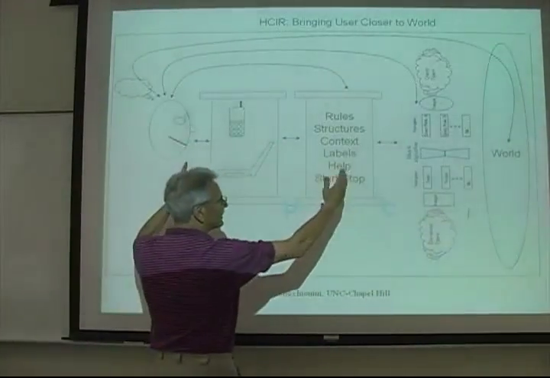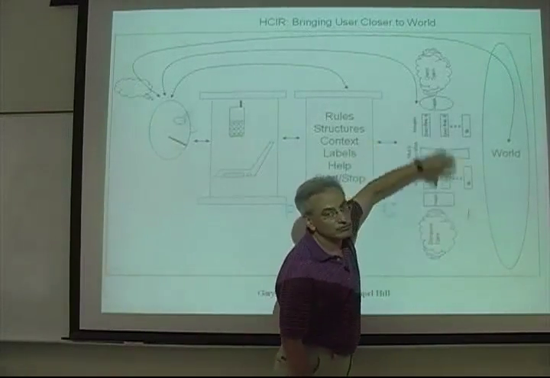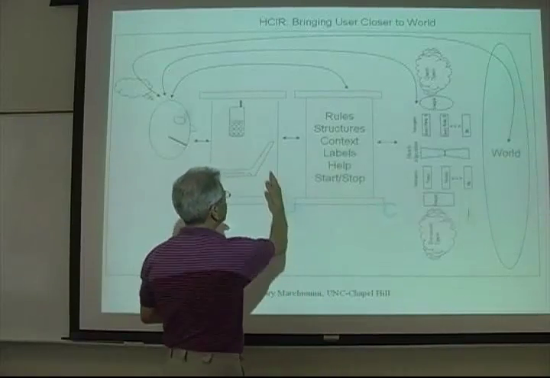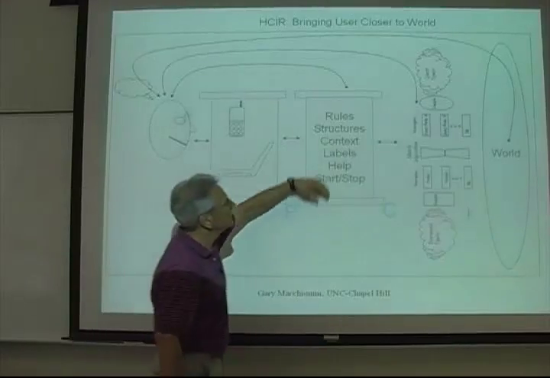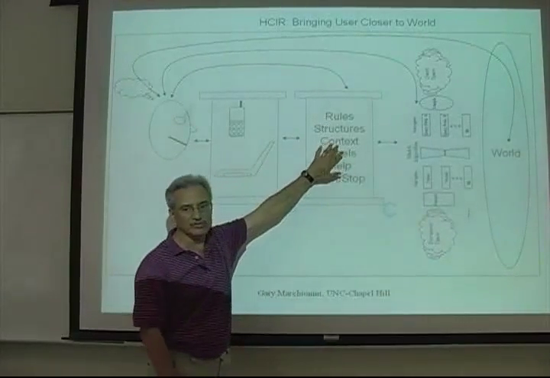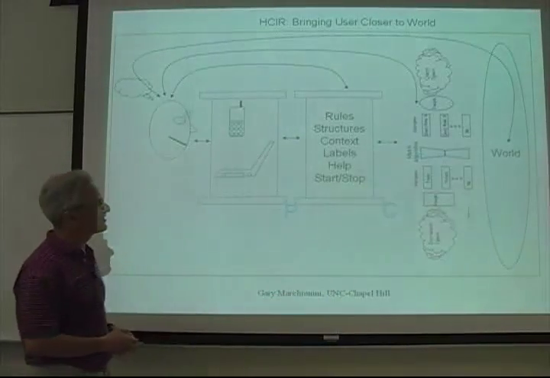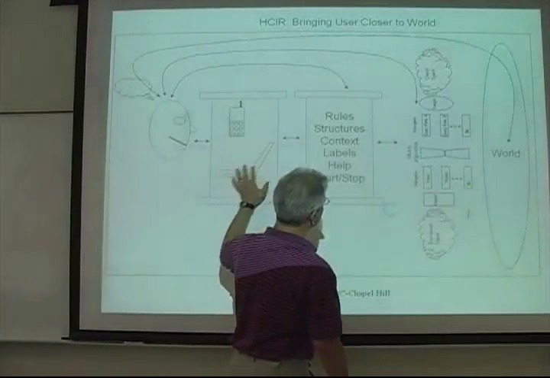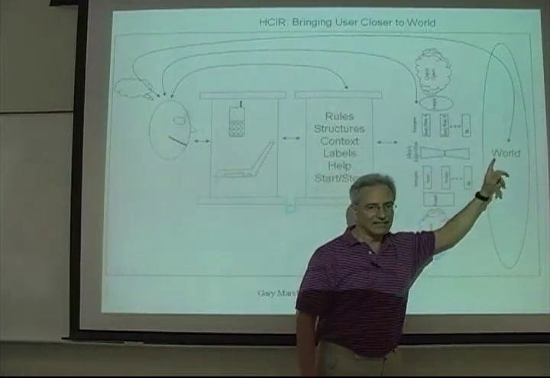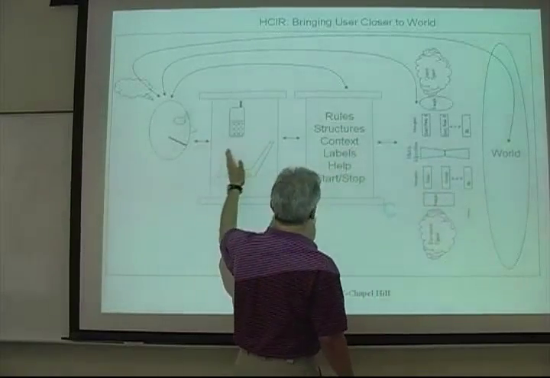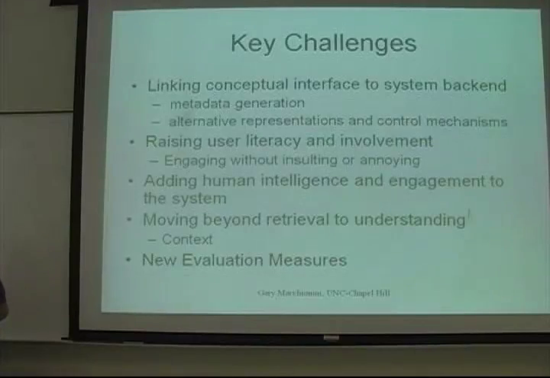And what facilitates that is a powerful information retrieval system, a physical interface of various sorts of devices, and a conceptual interface of rules that make it easier, not harder, to actually work with the physical devices, the underlying back-end systems, and allow this to, in a sense, become more transparent is the ultimate goal.